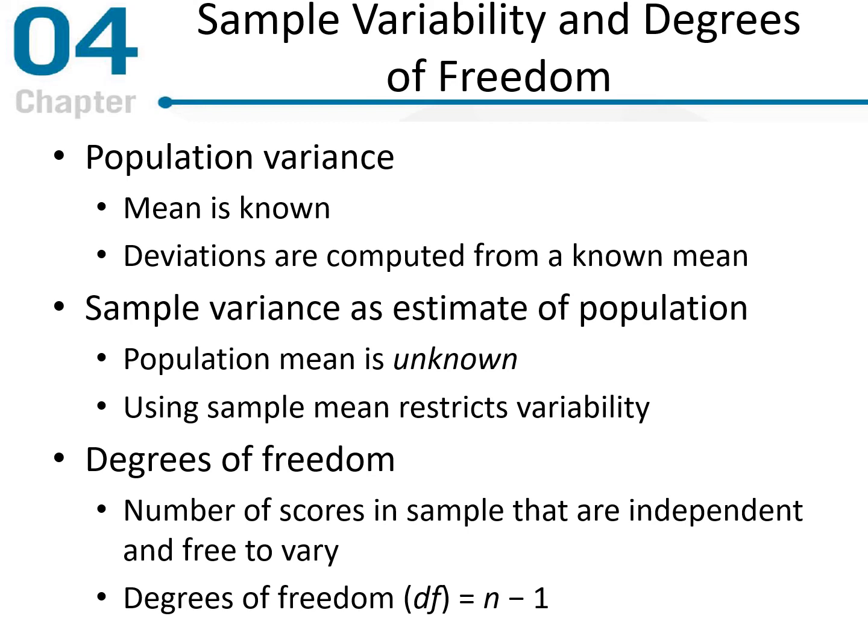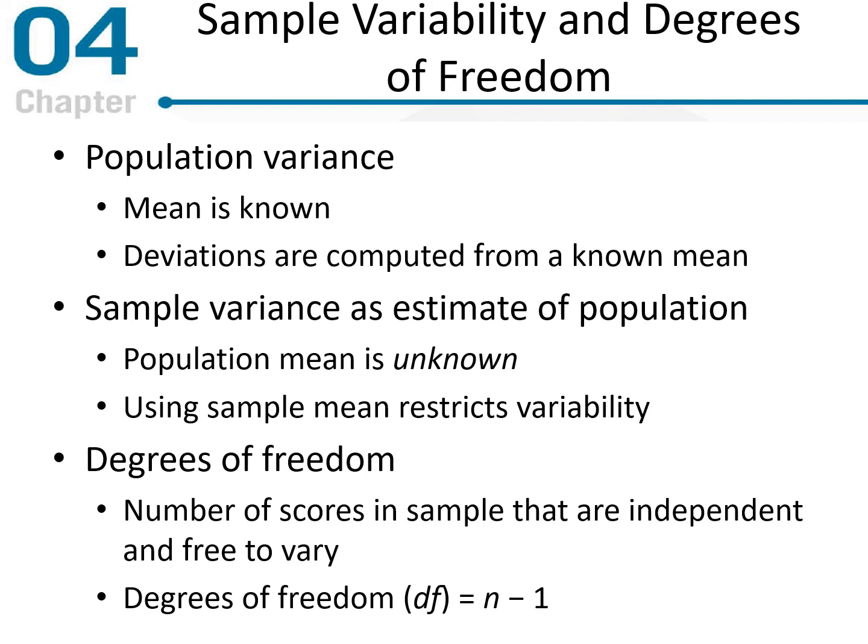And this is known as degrees of freedom. So that tells us in our sample, there's always going to be n minus 1 scores that are free to vary, and the last score is going to be fixed. It's not free to vary because we have to then calculate the deviation scores and they must sum up to 0.